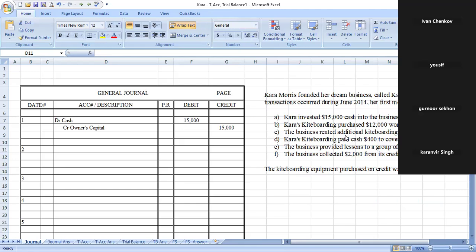What do you mean? How do we know it's a credit? Which one? There's a question in the chat board. How do we know it's a credit? The capital, it's capital in the question. How do we know it's a capital question? Well, if the owner invests money, the owner gives cash. What does the owner get?